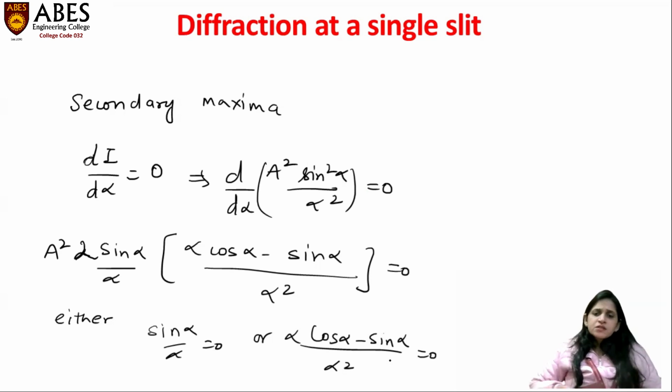If we take sine alpha over alpha equal to 0, then we will get the position of minima. So we will not take this to be 0, because if sine alpha is 0 we get the position of minima. So let us consider the second term.